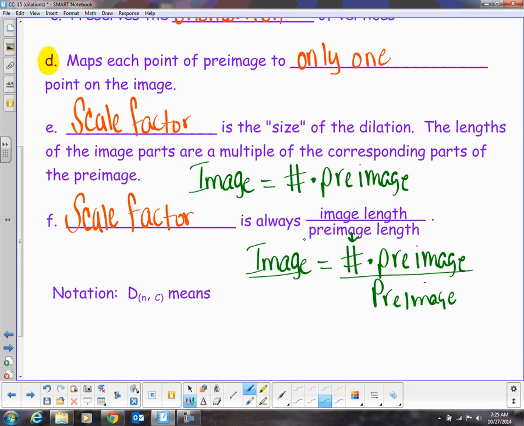This is technically image length. This is pre-image length. So this is going to be divided by the pre-image length. Do you see how we got that part F? Image divided by pre-image.